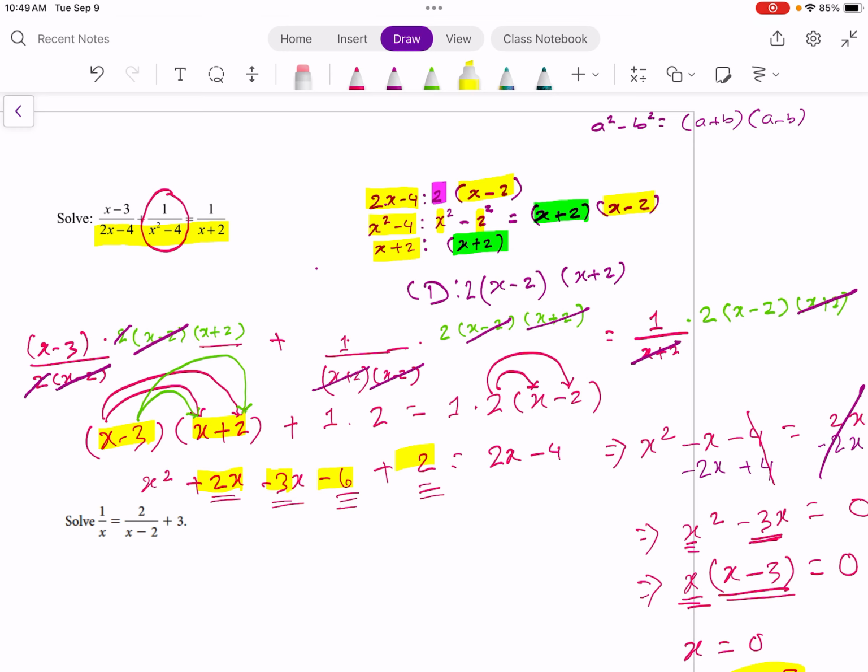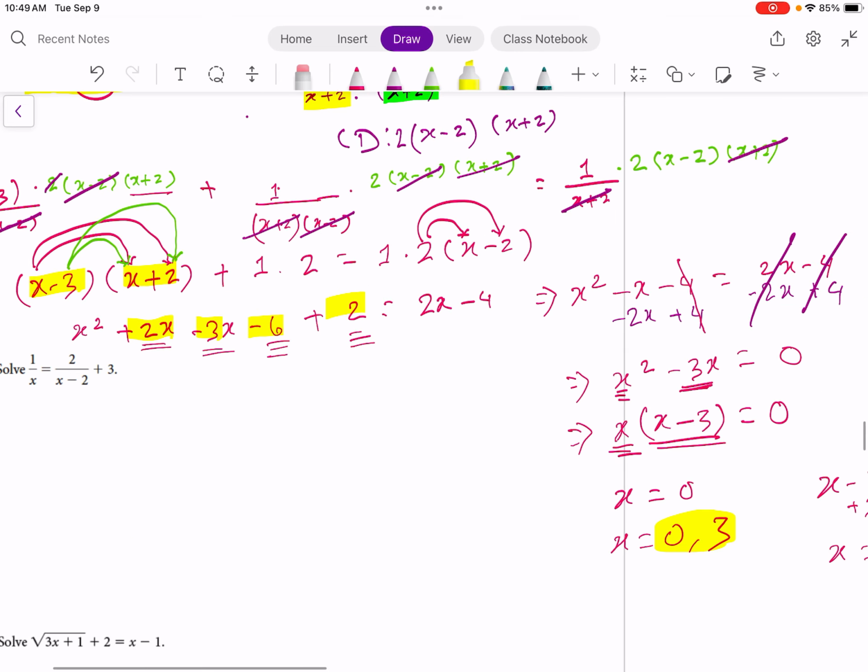If you replace your x by 0 first, then 3, do we get 0? If you take 0, 2 times 0 minus 4 is negative 4, and we have a positive 2, so it's not 0. And if you take 3, it's not 0. But if you have a value of x that makes the denominator equal to 0, then that x is not a solution. But in this case, both of these are solutions for this rational equation.